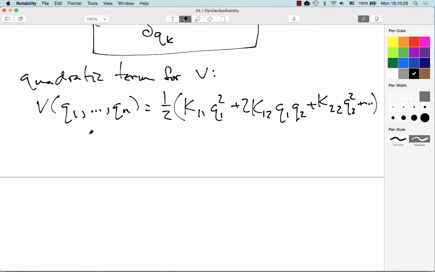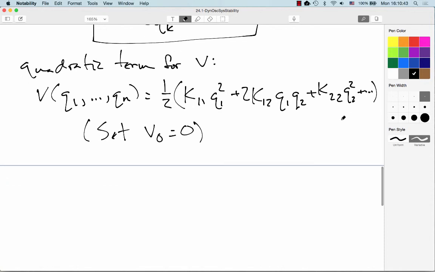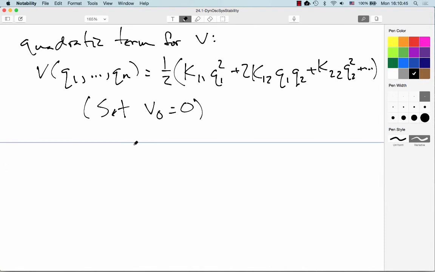Again, here we're setting the potential at equilibrium to be 0. And so here, if I go ahead and expand, the linear term would be 0, and so the quadratic term would be the first thing that contributes.